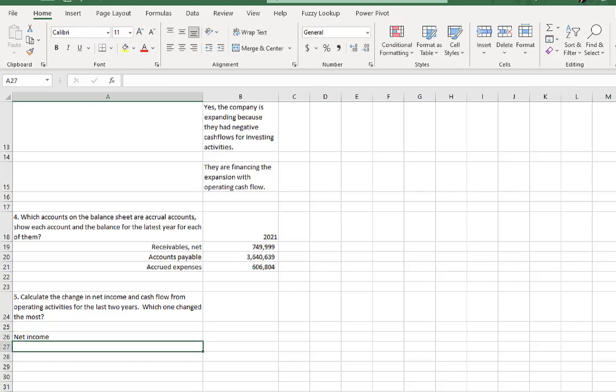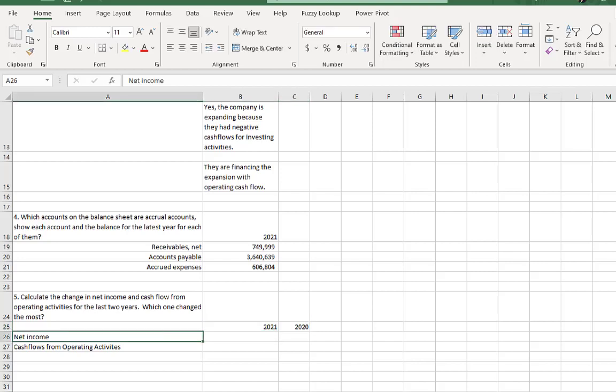Net income and cash flows from operating activities. And then I'll put the years here, 2021 and 2020.